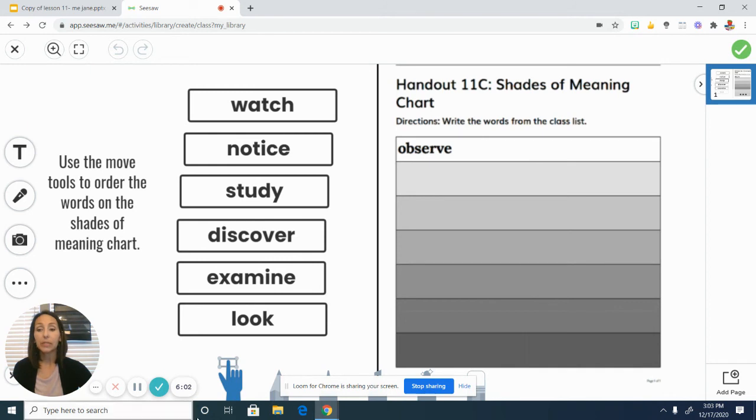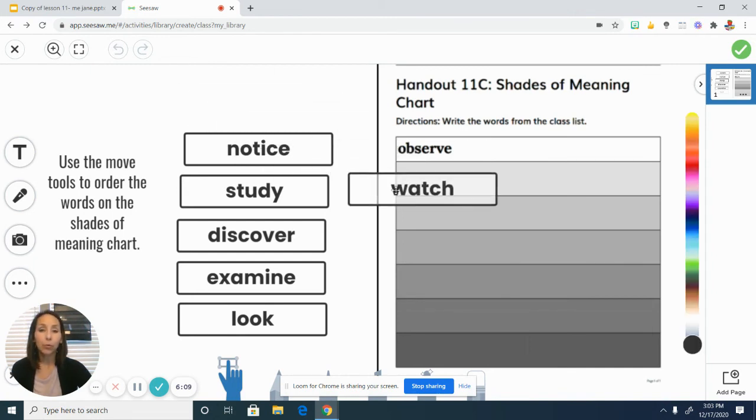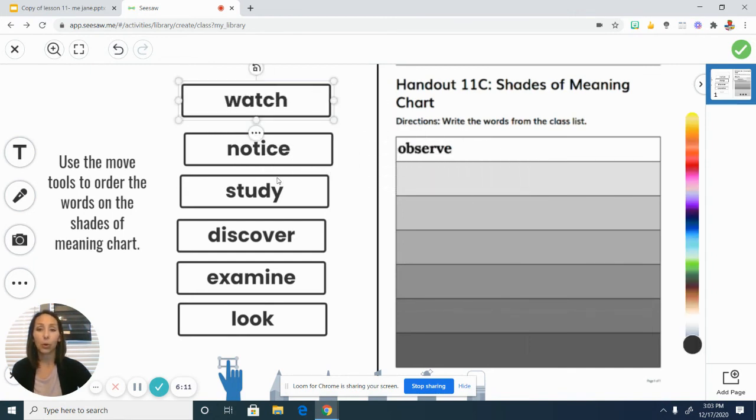And what you can do is take your move tool and move the words in the order that you think they best belong, starting with the word here that would be the closest, in your opinion, to the word observe, and then working your way down where the word in this spot would be the furthest away from the word observe, in those levels of meaning, those shades of meaning.